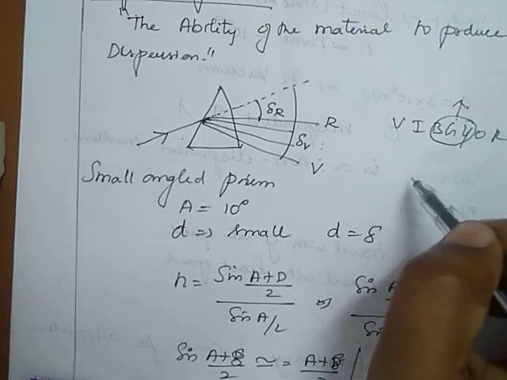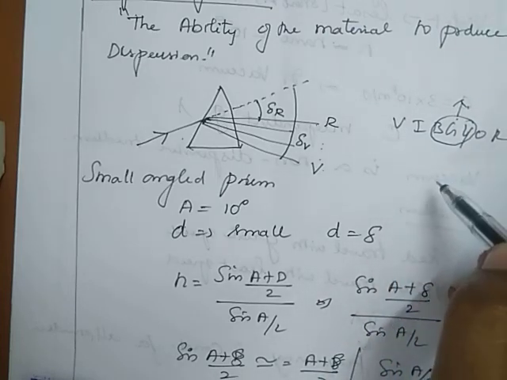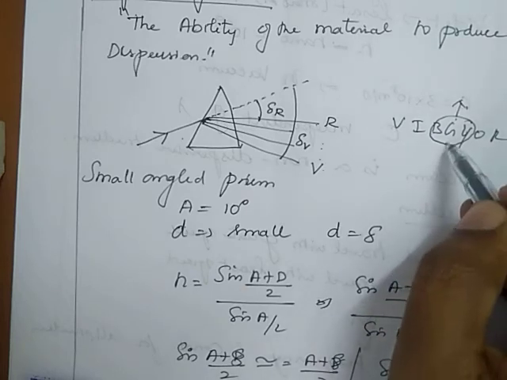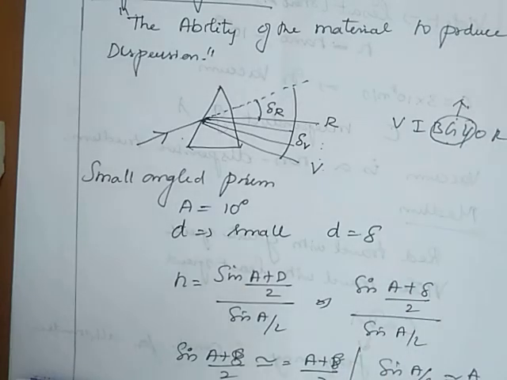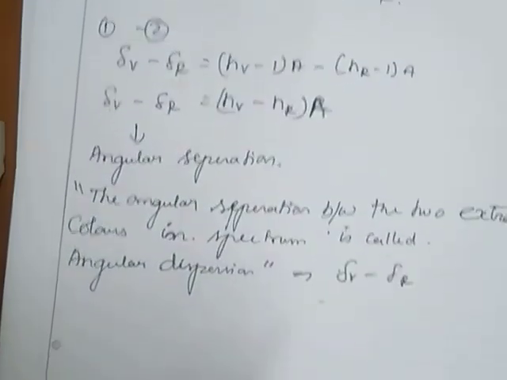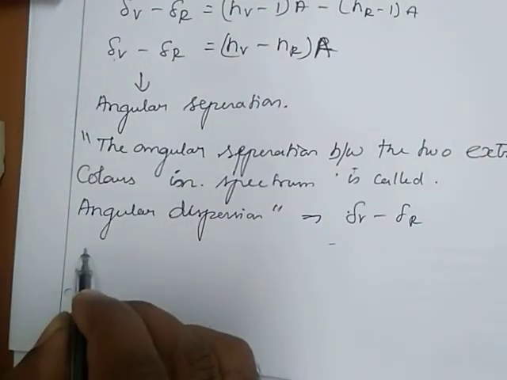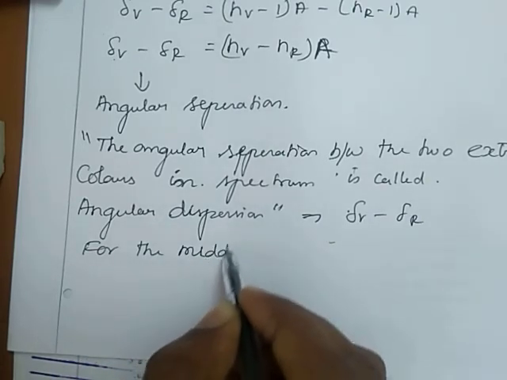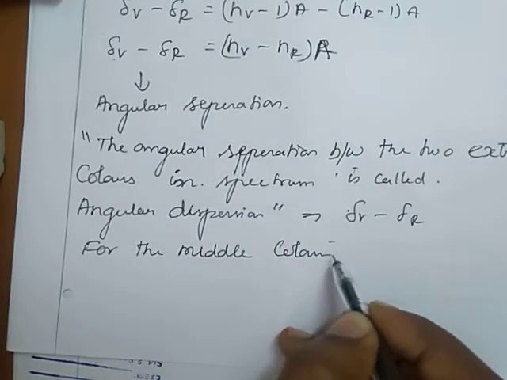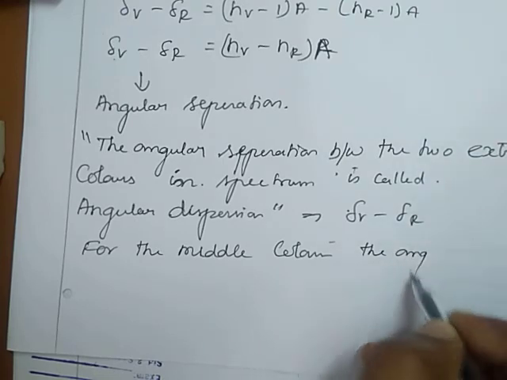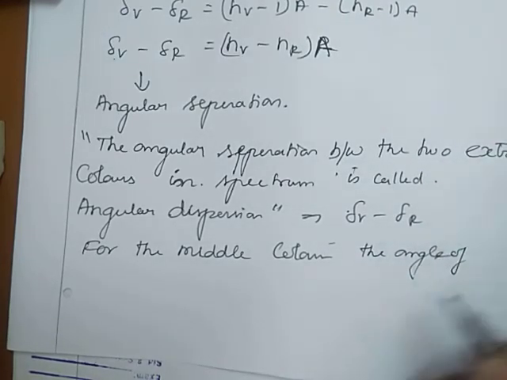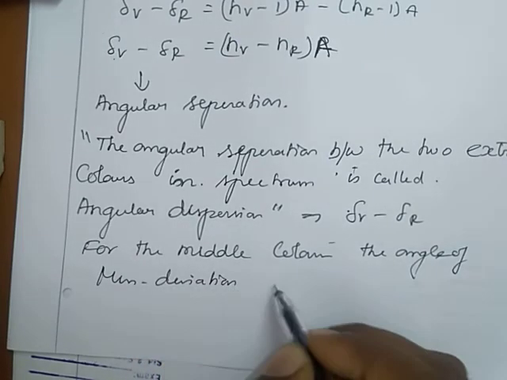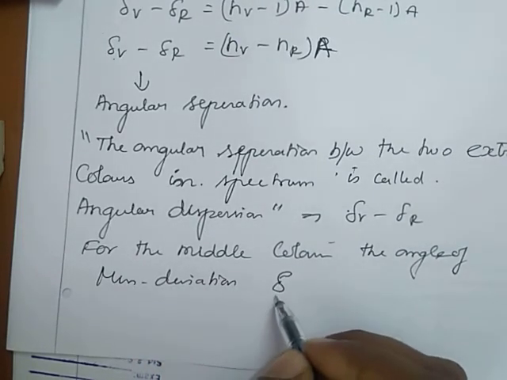For that green we can write the angle of minimum deviation. For the middle color, we consider the angle of minimum deviation as δ.